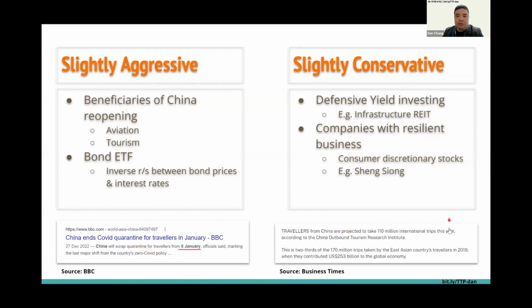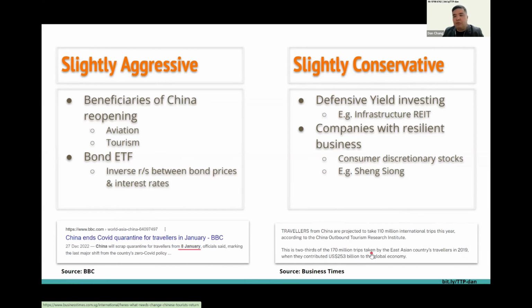Back in 2019, before the pandemic, Chinese tourists made about 170 million trips and contributed about US$253 billion to the global economy.